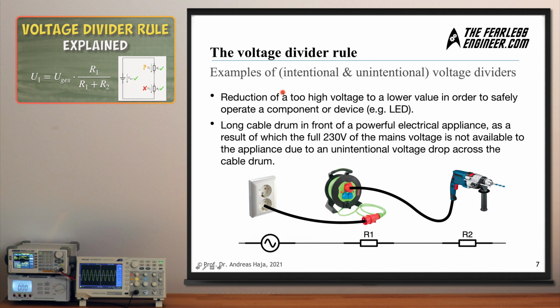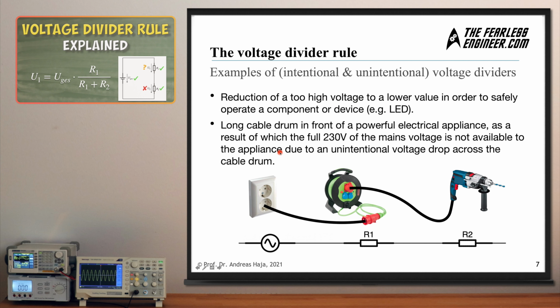This example is also a good example for something called the loaded voltage divider, because if we connect something in parallel to an existing voltage divider, we change this distribution ratio, but this is something for an upcoming video on the loaded voltage divider. But in practice, this is one of many applications where a voltage divider is used.